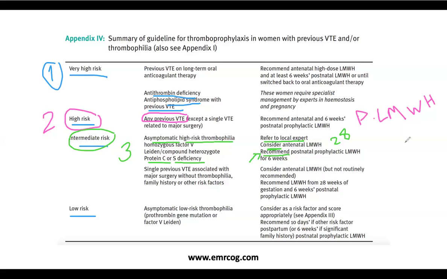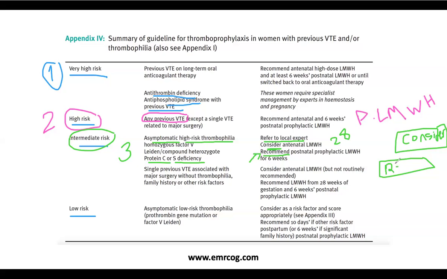Consider or recommend. You know the game, and you know that the eMRCOG is the game of words, right? So which one has the higher evidence? Consider or offer or recommend. Which one you have to choose in the exam if you have to choose between the two of them? Of course, you will go to the recommend, right?